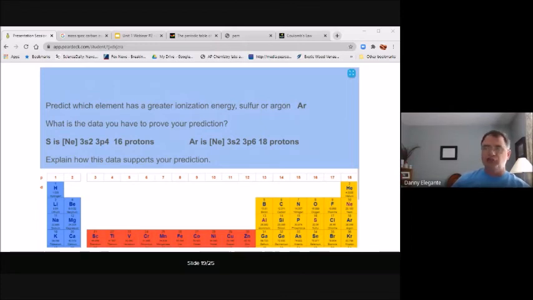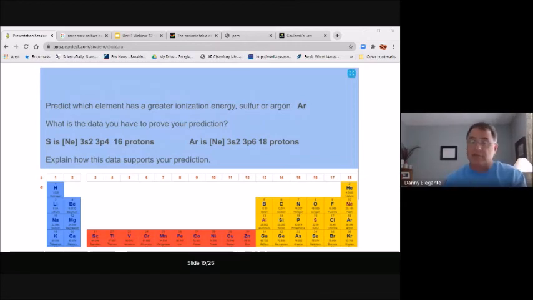And what I want you to avoid when you're giving data is saying argon is farther over to the right or argon is farther up the periodic table. That is correlation, not causation. Meaning, yes, it's true, but being farther over to the right has nothing to do with what we're talking about. So don't worry about, oh, well, sulfur needs 2 electrons to give it a completely filled shell, and argon needs none.